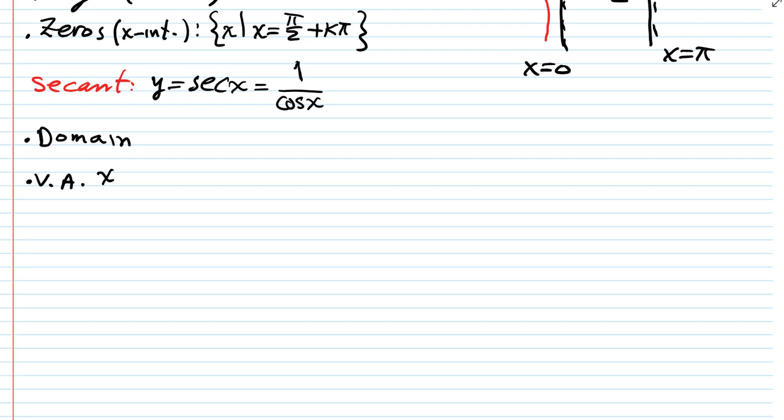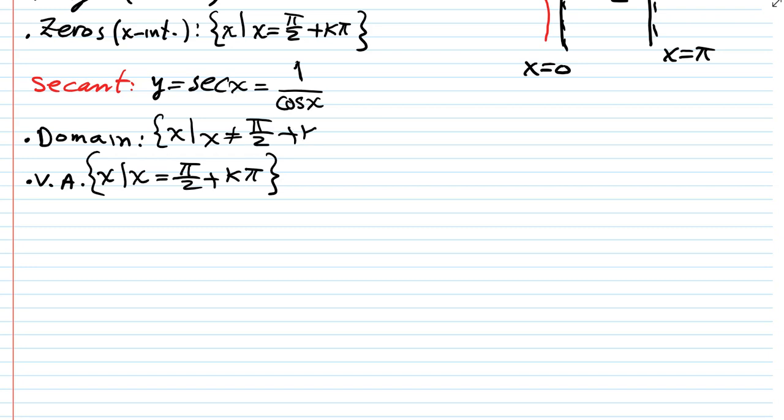That means all x, so that x is equal to pi over 2 plus k pi. Those are the zeros of cosine. They become the vertical asymptotes of the graph of secant. Therefore, the domain is going to be everything but those: x such that x cannot equal the vertical asymptotes. See how that works?